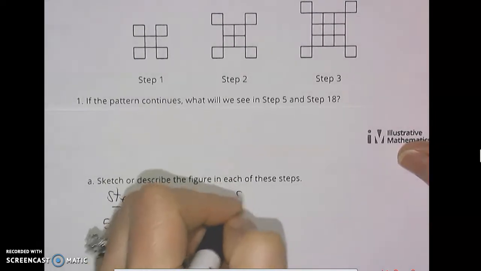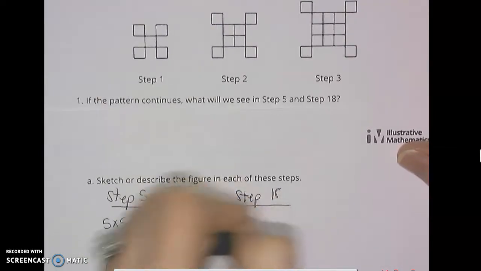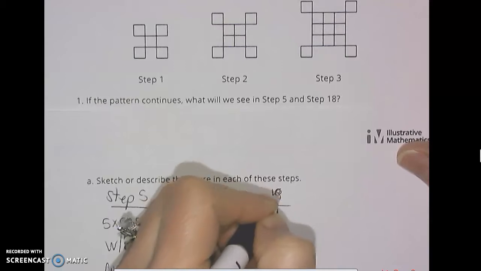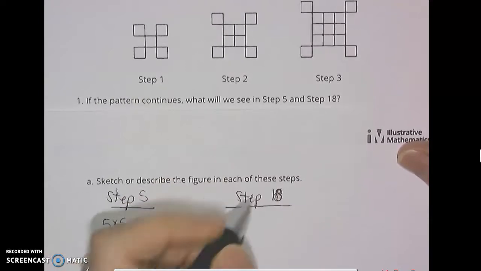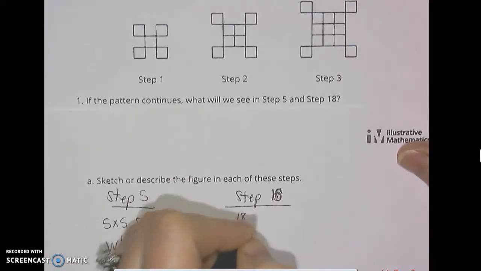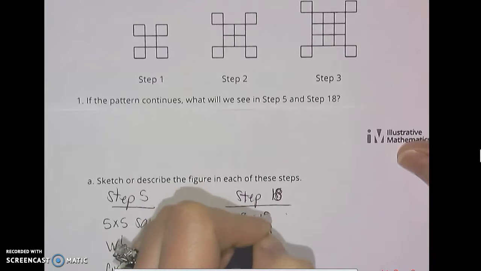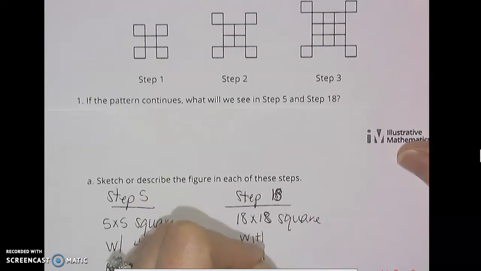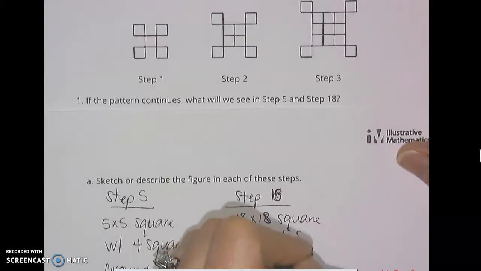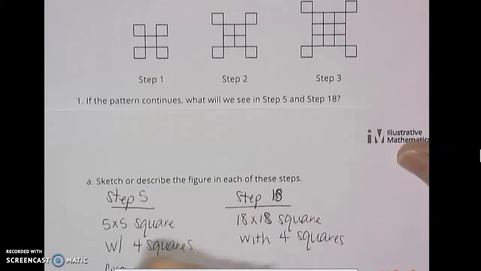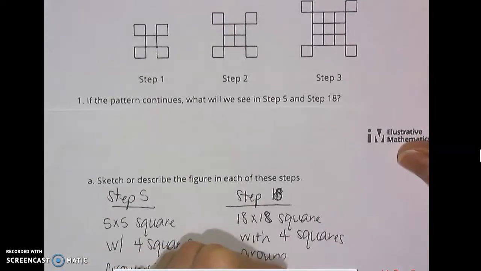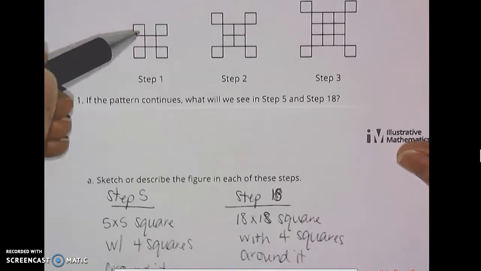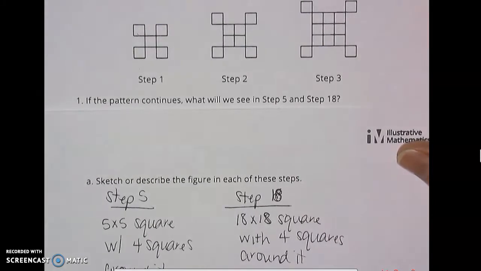For step 18, we would have an 18 by 18 square with 4 squares around it. And by around it, we mean they're on the corners. So you could also use that vocabulary as well.